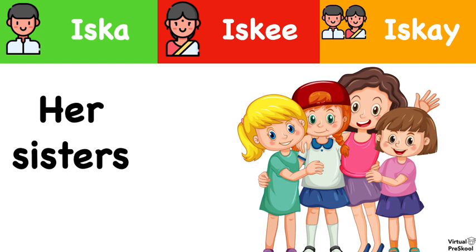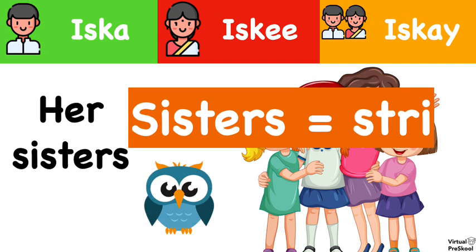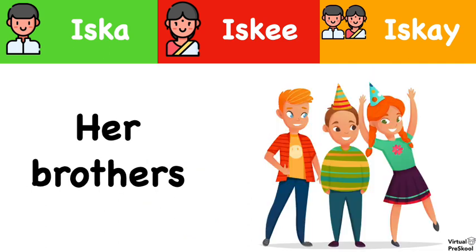What about her sisters? Now, sisters are stri, and there's more than one. So we have plural, but they're all stri. So now it becomes iski. Iski, not iske, because the objects, sisters, are all stri. What about her brothers?